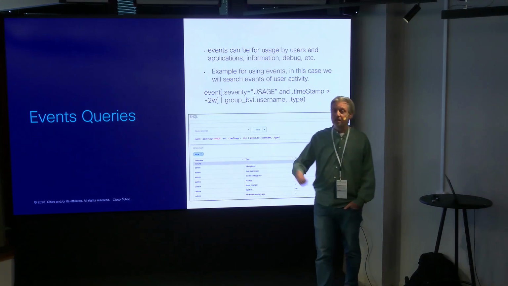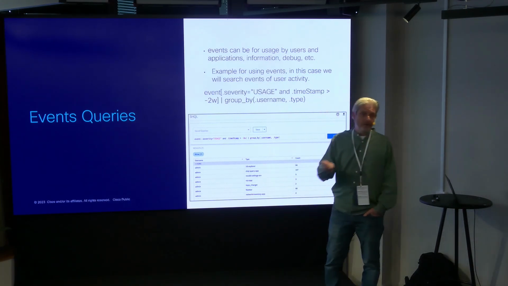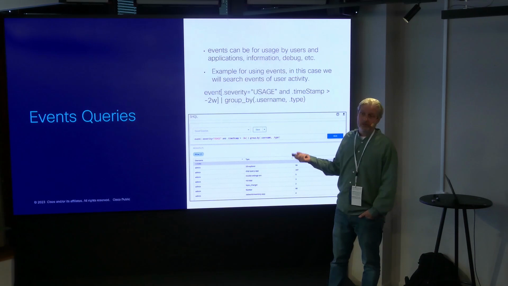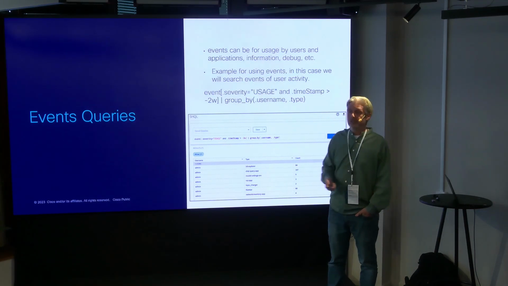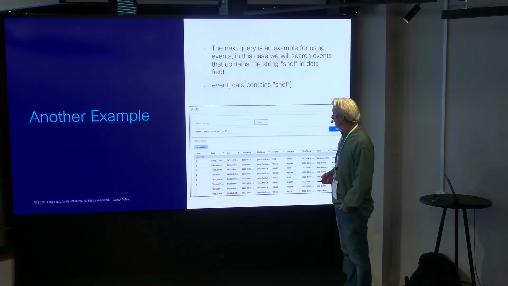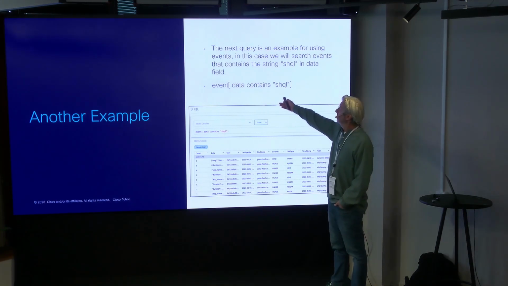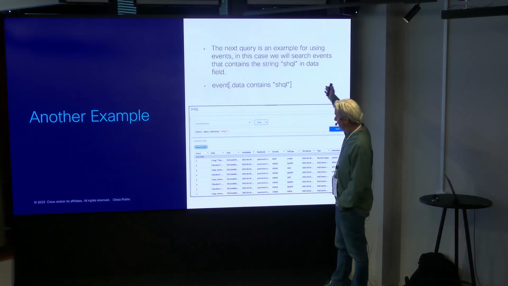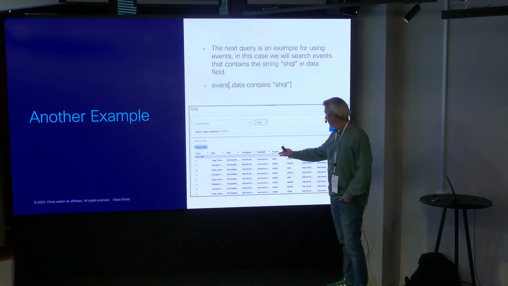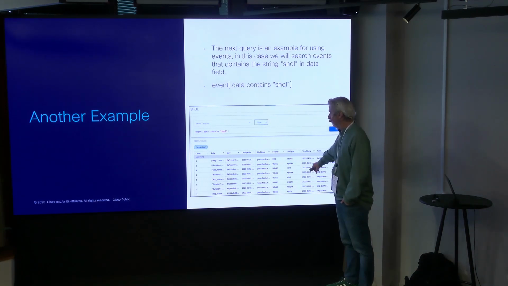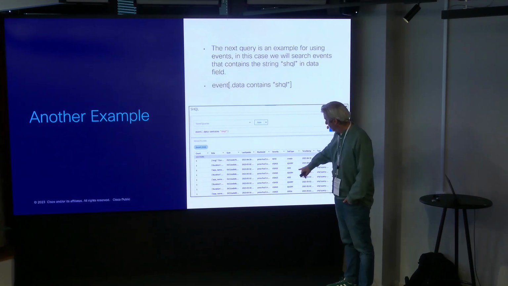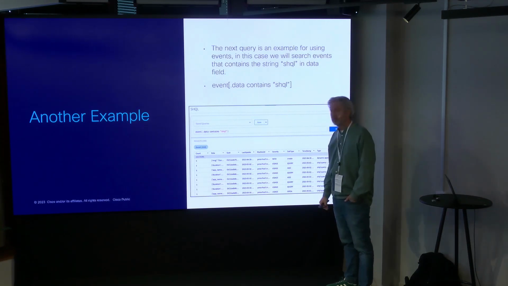So in that case, you can monitor the usage of HCO and also different changes in your network. Another example is bring me all events that the data contains SHQL. And again, you can see that here have been queries, edit new queries, and so on.